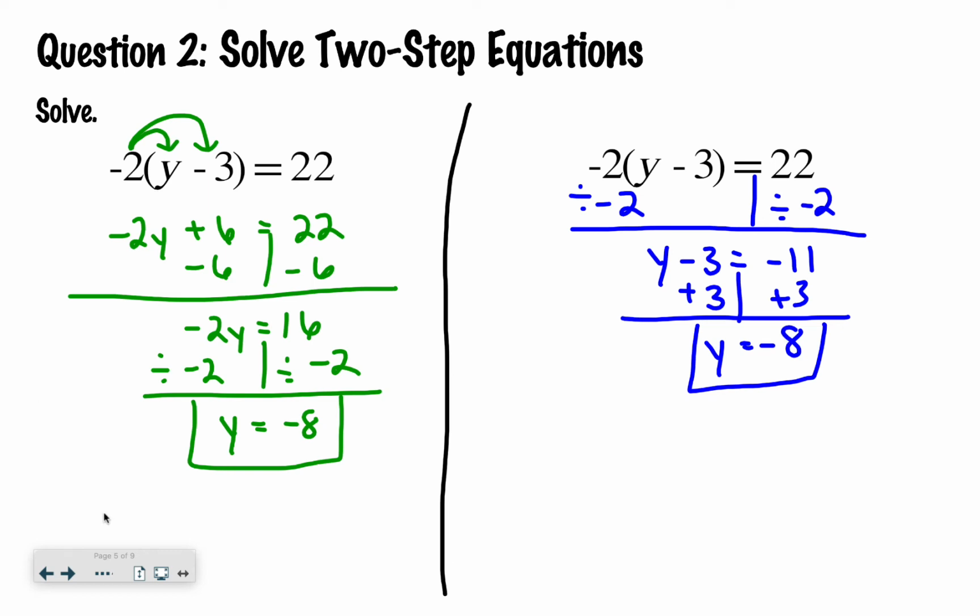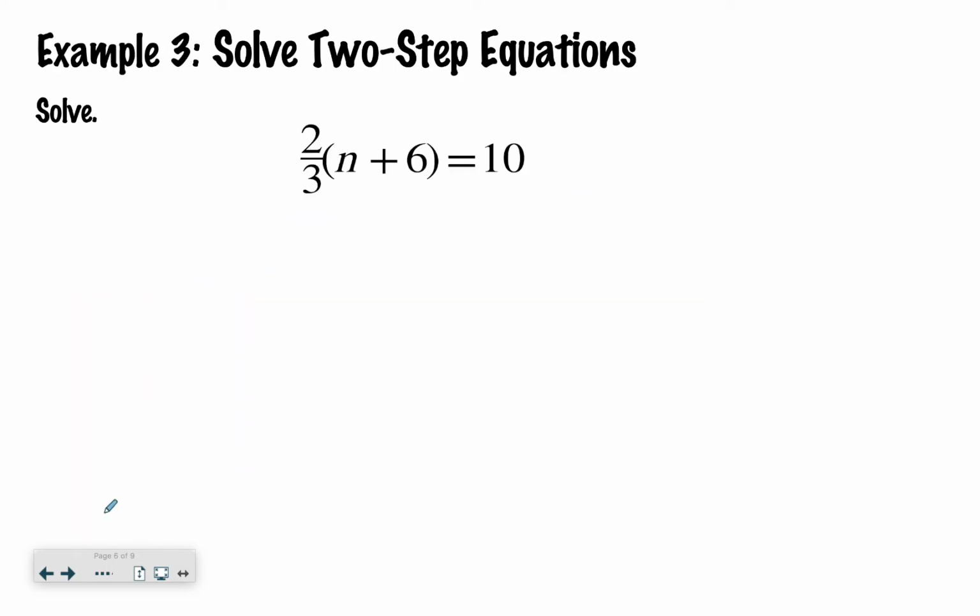So hopefully you can compare your work to mine with whichever method you chose and see if you made a mistake or maybe you did everything perfectly. If you have questions, please be sure to ask for some help. Let's move on to example 3.